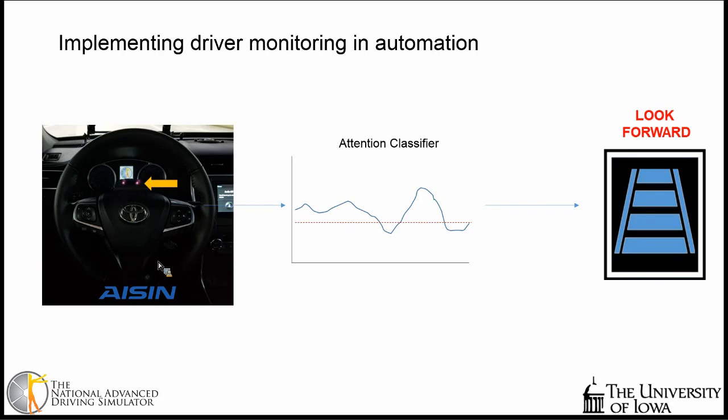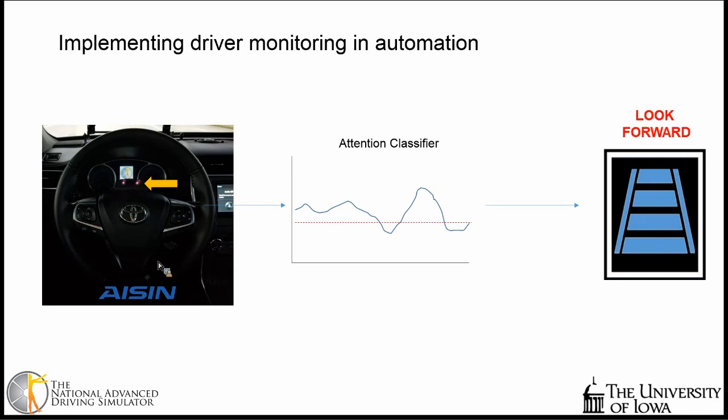And then finally, what do you do with that information once you get some sort of classification? In our study, we presented an attention alert to the driver that showed up as a message that said, look forward. And then the blue part in the center of that graphic on the right is actually just the state of the automation. It indicates that the automation is on.